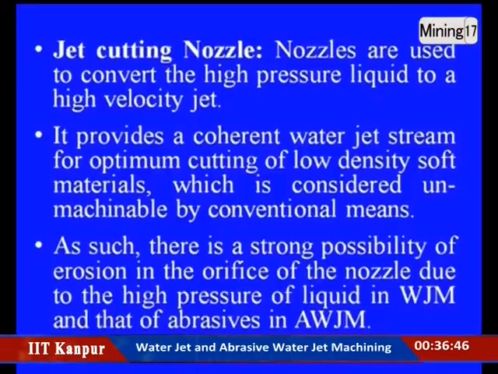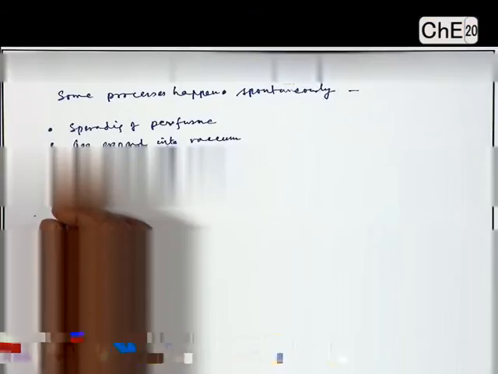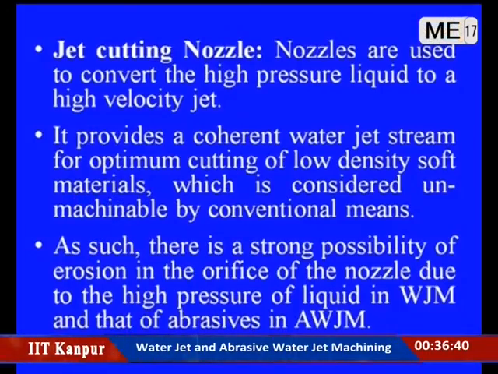It provides a coherent water jet stream for optimum cutting of low density soft materials, which are considered unmachinable by conventional means. As such, there is a strong possibility of erosion in the orifice of the nozzle due to high pressure of liquid in water jet machining and that of abrasives in abrasive water jet machining.